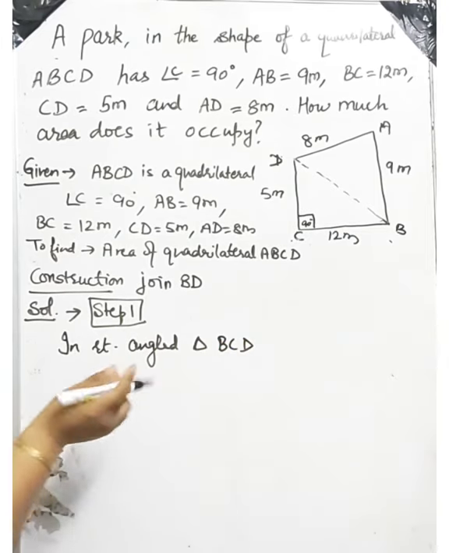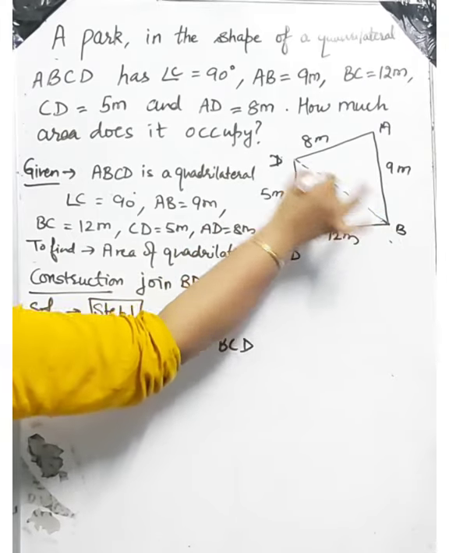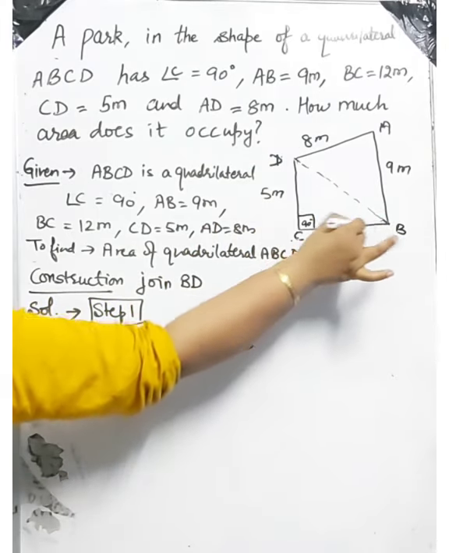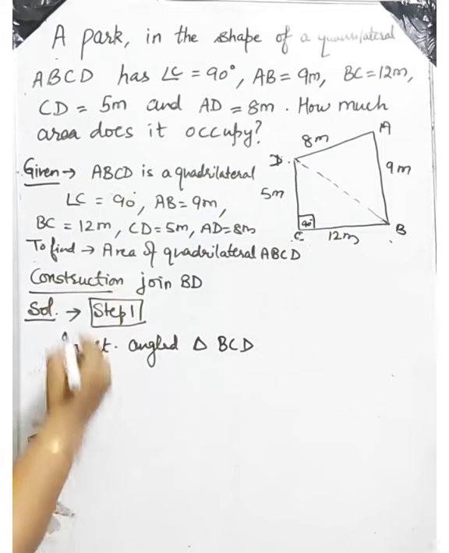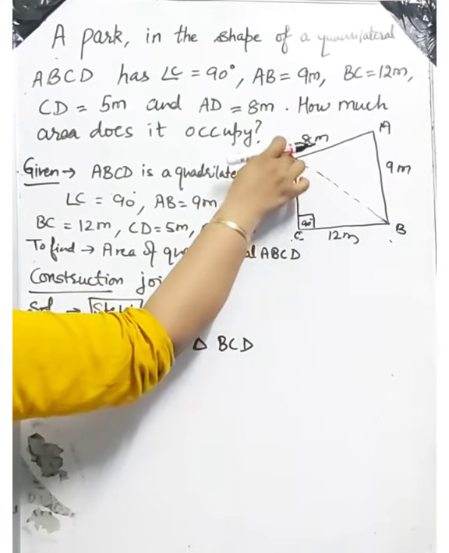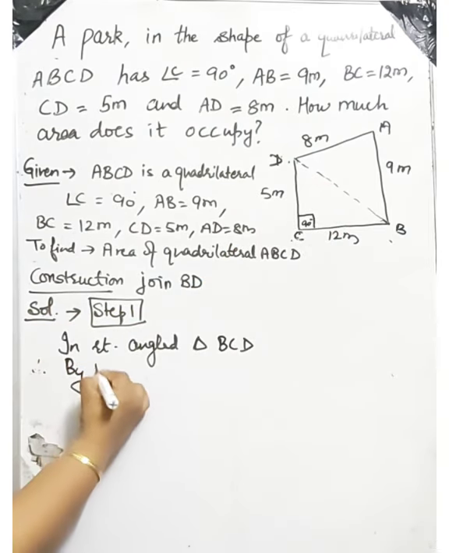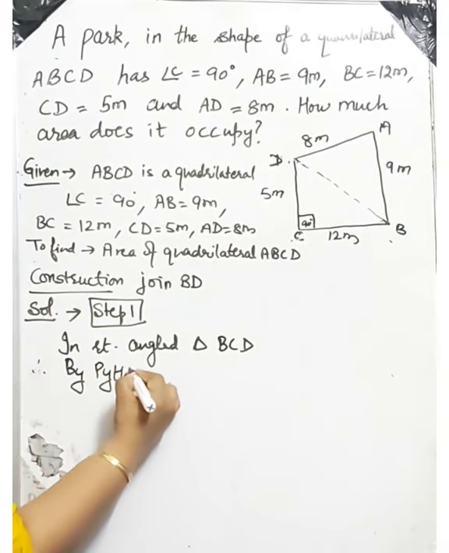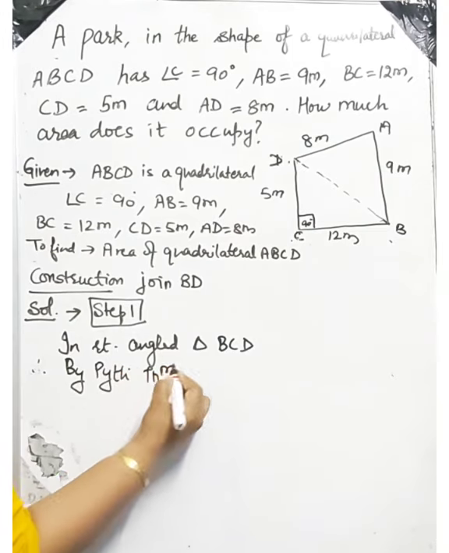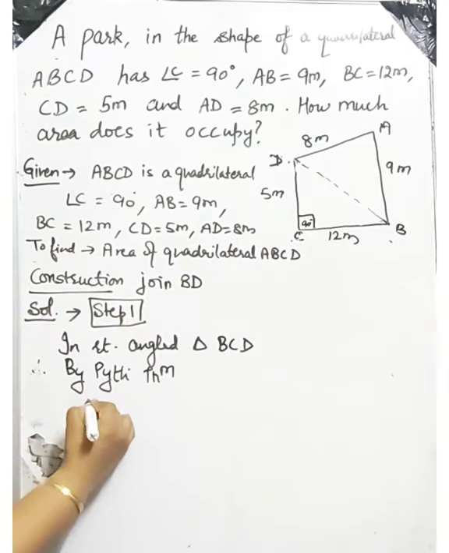Triangle BCD. Firstly, we have to calculate its hypotenuse of right angle triangle BCD. For calculating the hypotenuse, we will use Pythagoras theorem. Therefore, by Pythagoras theorem, we have to find hypotenuse.